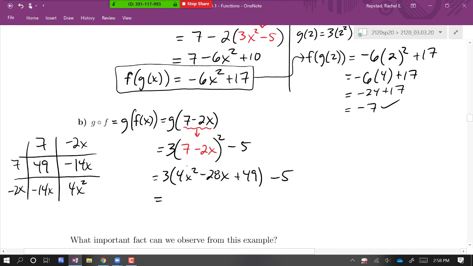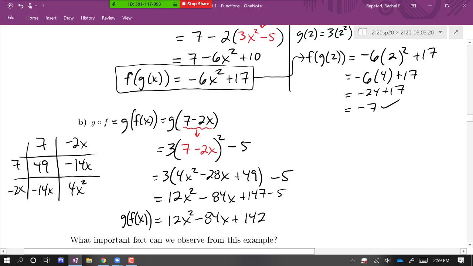And let's see, we'll distribute, so we get 12x squared minus, what's 28 times 3? I don't have my calculator, so I'll just use this one. What is it? 84? 84x. 49 times 3 is 147 minus 5, so 12x squared minus 84x plus 142.